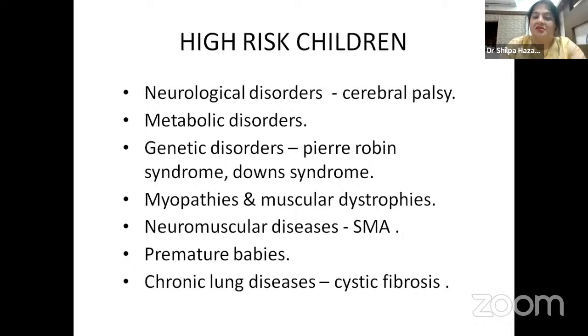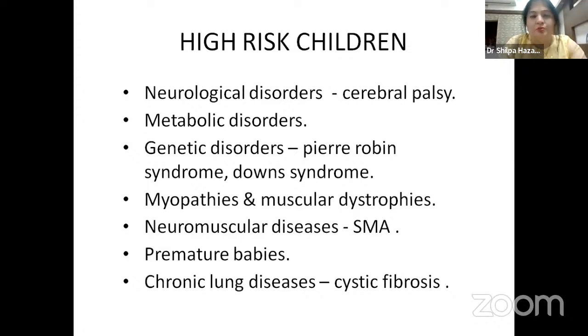Certain genetic disorders like Pierre-Robin syndrome, where the mandible is hypoplastic, the tongue is very large and falls back, and that is the reason they are prone to aspirations. Pierre-Robin syndrome will also have a cleft palate, which also produces swallowing dysfunction. So there are multiple mechanisms in Pierre-Robin syndrome.